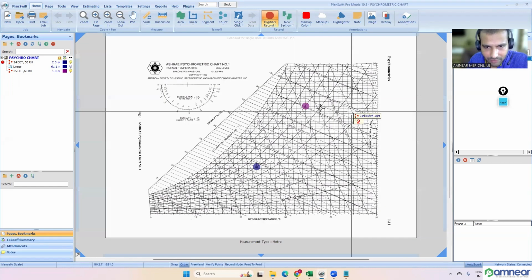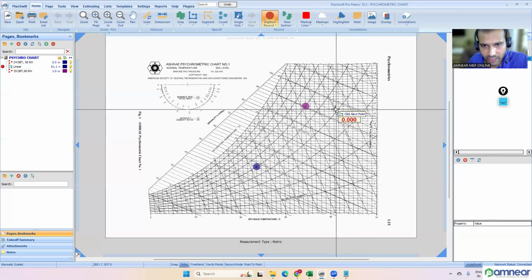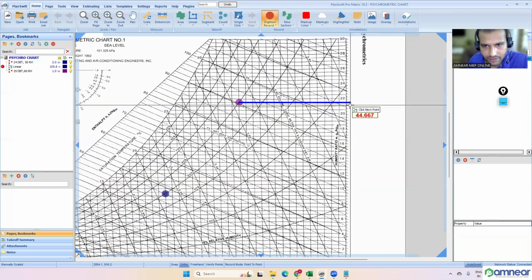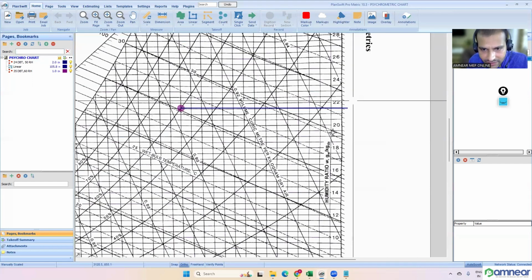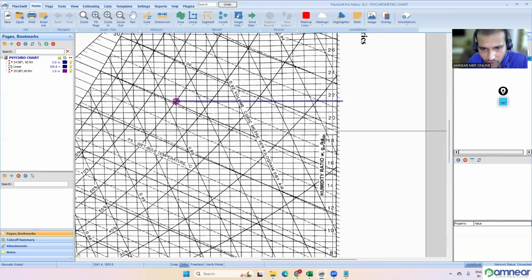I'm not checking any enthalpy now because I'm not sizing the cooling coil; rather, I am sizing the dehumidifier only. So what is the humidity ratio of the outside condition? Let's see. This is the humidity ratio of the outside condition. How much can it come? This is 20, 20.5, 21, 21.5, 22 grams of water.